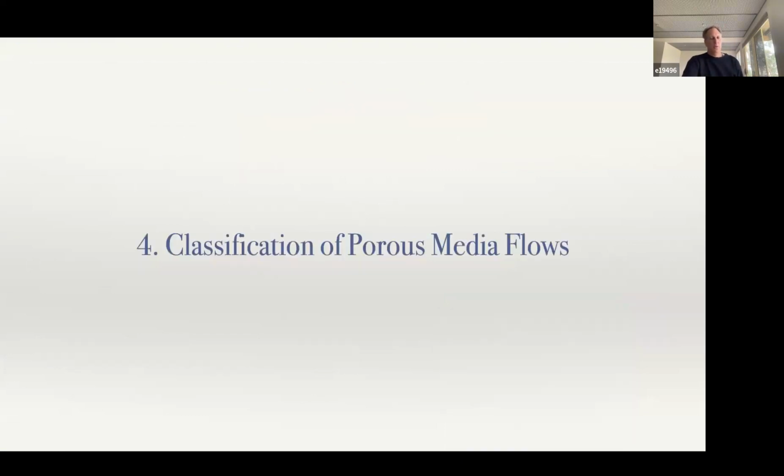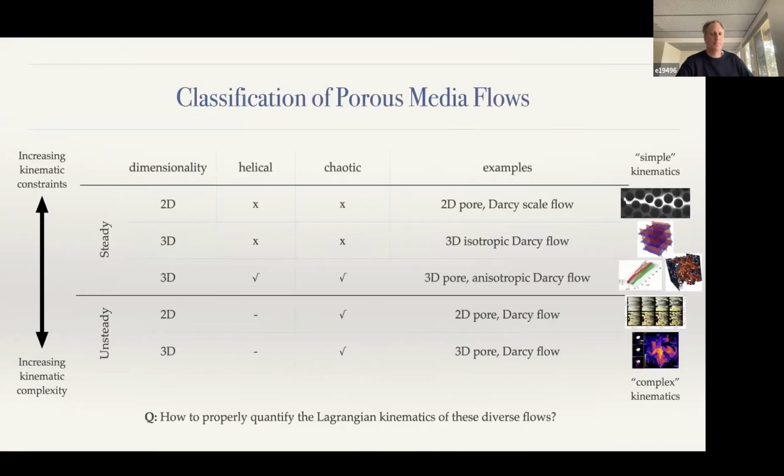Okay. So to zoom out for a second, let's look at the classification of various porous media flows, before looking at how we can classify and quantify mixing and transport in these systems. We can think about setting up a table here of various porous media flows ranging from flows with low kinematic complexity with a large number of kinematic constraints, so that is shown at the top of the table.